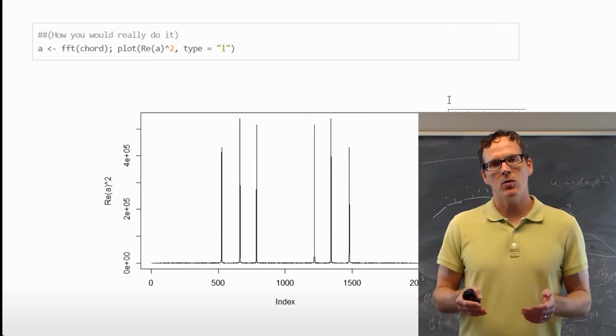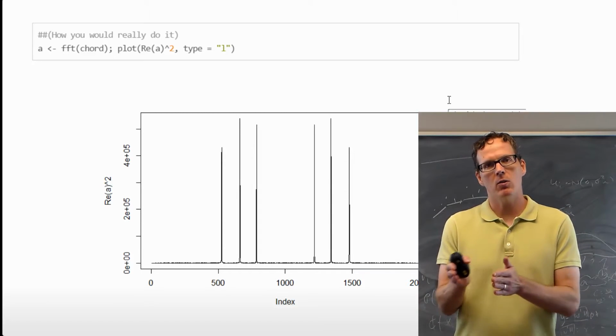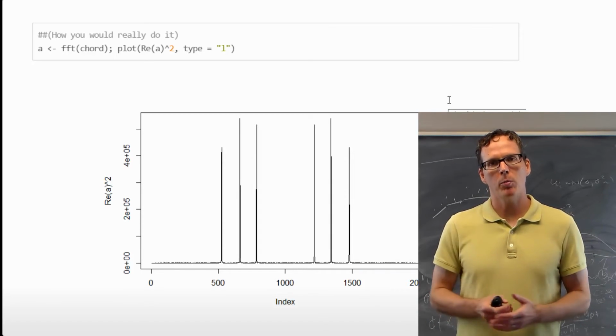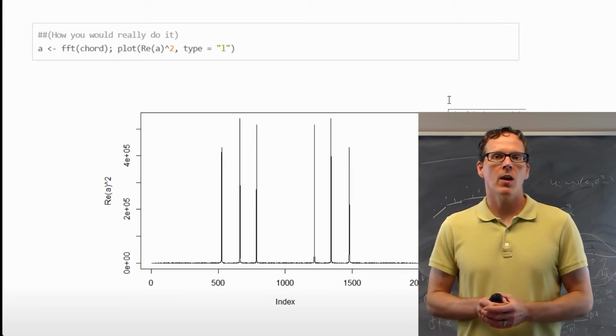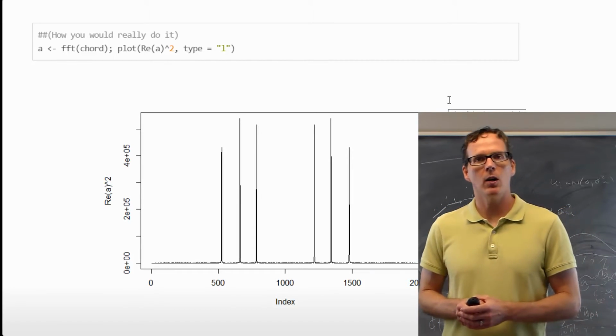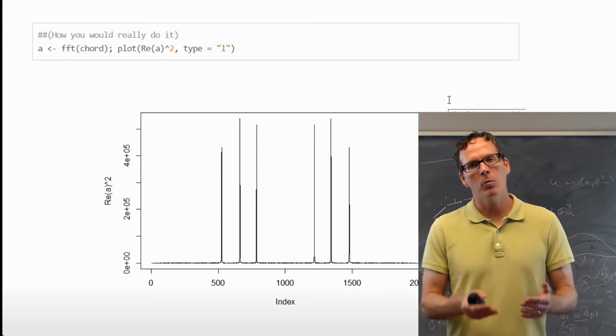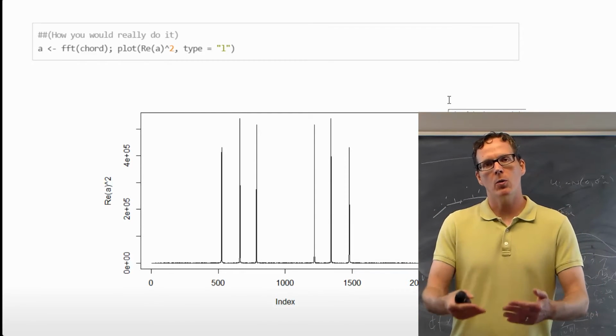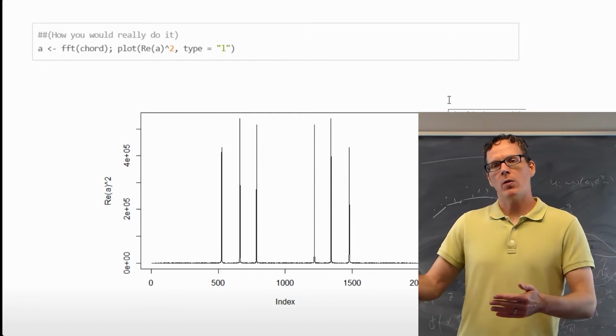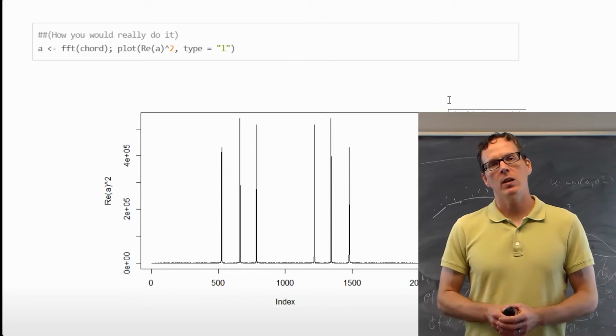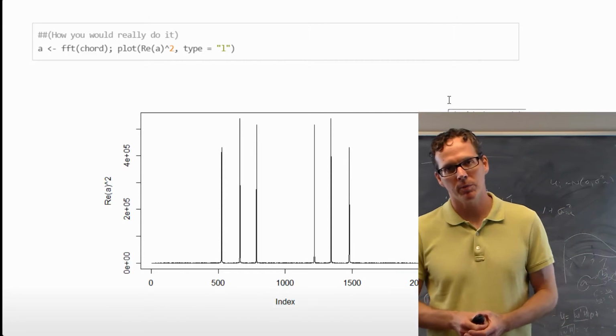So if you were to take a section of a sound signal and do a discrete Fourier transform and plot the so-called spectrum, which is what this is, that is what sound engineers do all the time. And ultimately, underneath the hood, what they're doing is a linear model with a lot of sine and cosine terms as regressors.